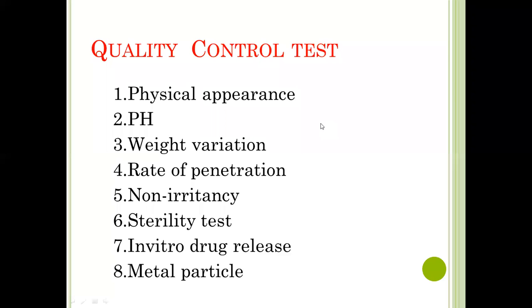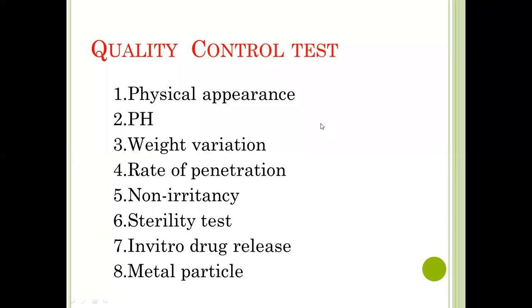So rate of penetration overall depends upon the area where it is applied and the time period of application. The next test is the non-irritancy test, meaning after application of ointment, it is performed by patch test daily, and ointment is applied on a particular area of the skin, and then observe whether it produces irritation to the skin or not.